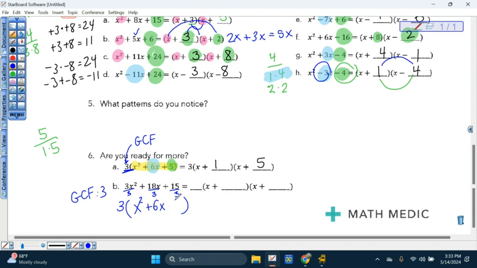And what's 15 divided by 3? Have you seen this before? Yes, just the same exact problem. So now it actually factors to be the exact same thing. I'm going to keep my 3 out in front, and it becomes x plus 1, x plus 5.